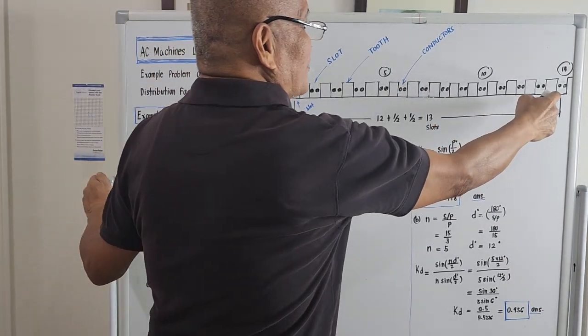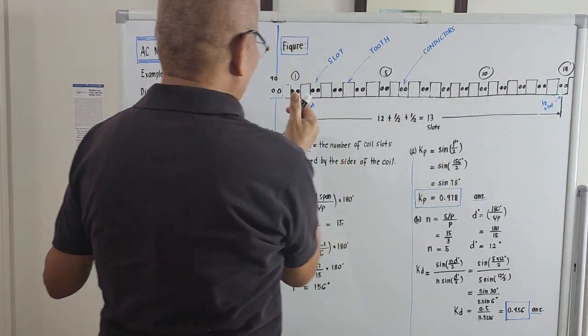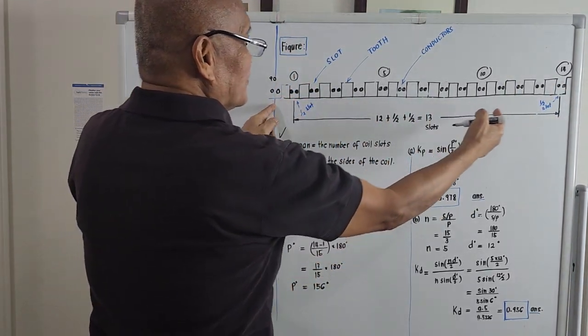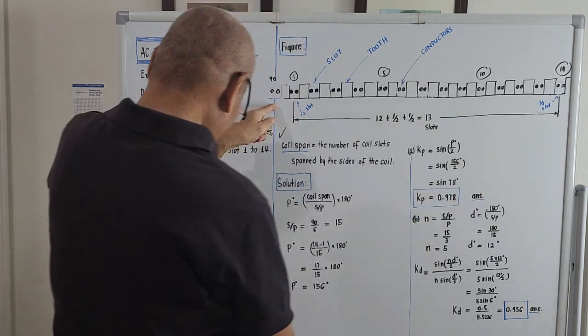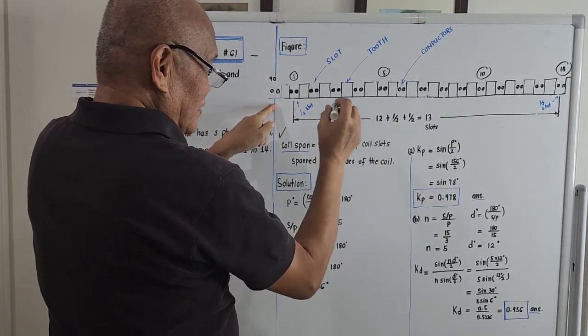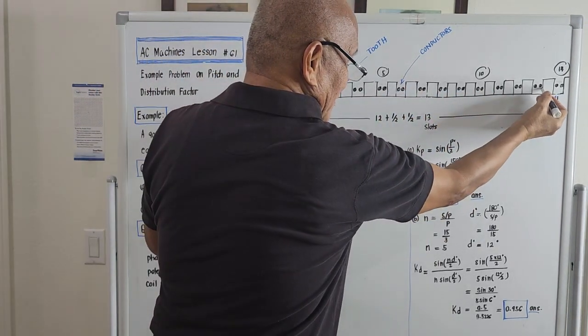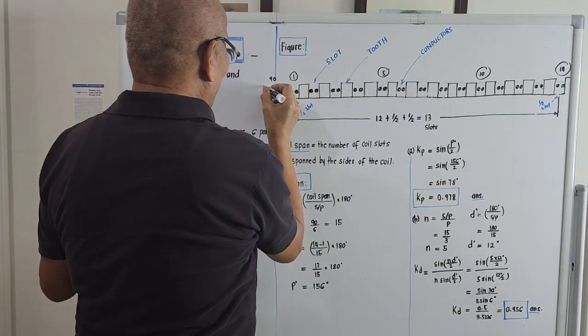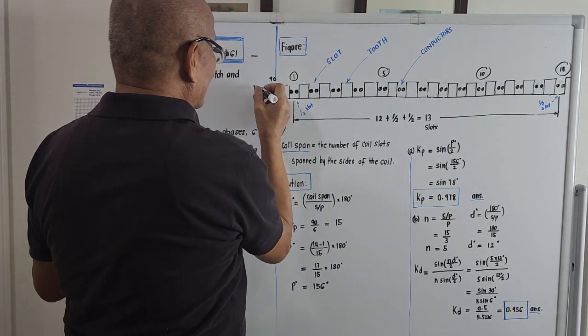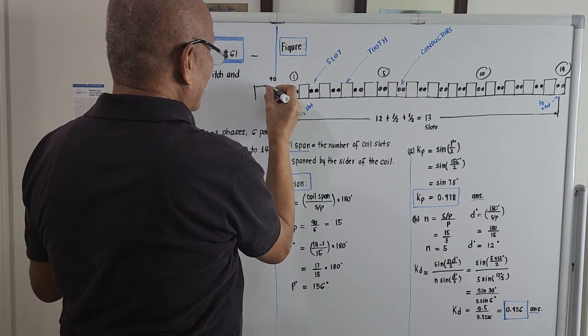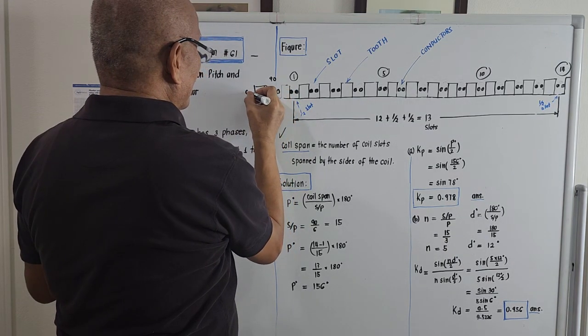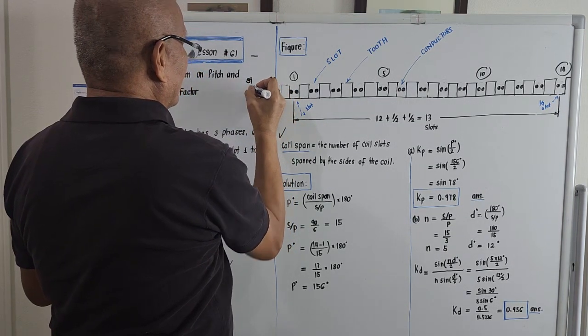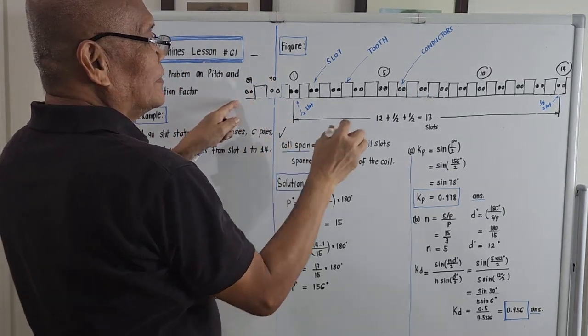So as it comes out from 14, it goes to 90 to maintain the 14 slots coil span. Then it will go back here, then maybe it will go to 89.